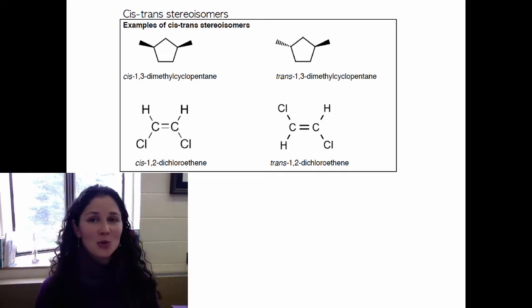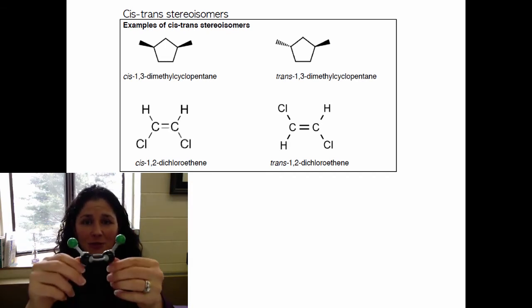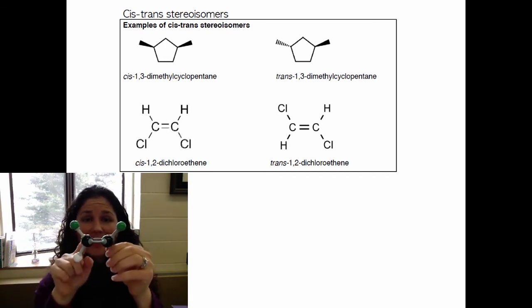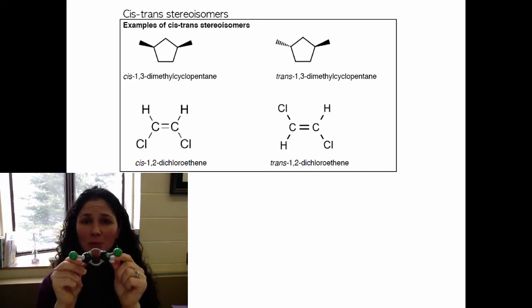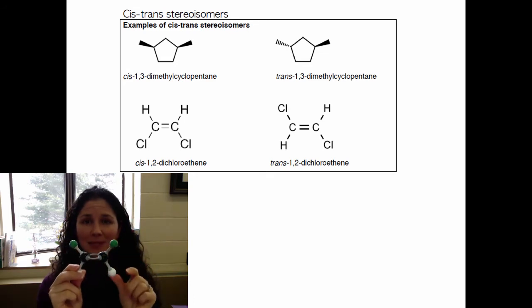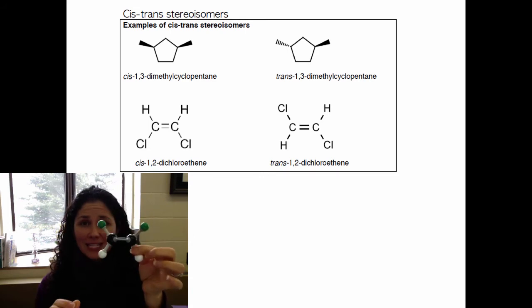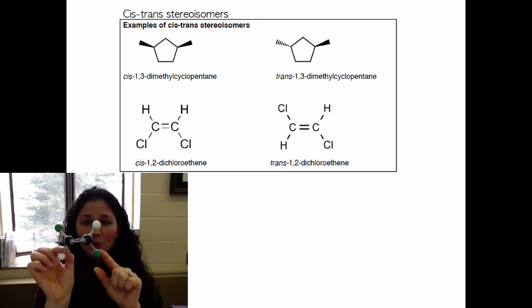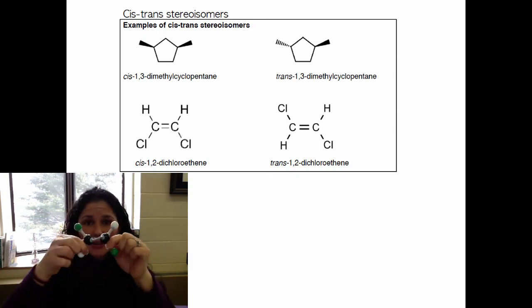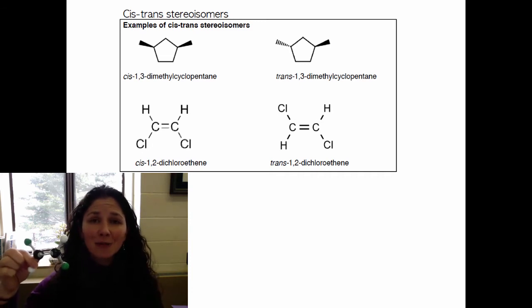This is also the case with double bonds. You can't freely rotate a double bond. It is stuck in this orientation. And so if I have a molecule with a double bond where 2 groups are on the same side of that double bond, they have a cis relationship. And this isomer is different than this isomer, where the 2 groups that are the same are stuck on opposite sides of the double bond because the double bond does not freely rotate like a single bond does.